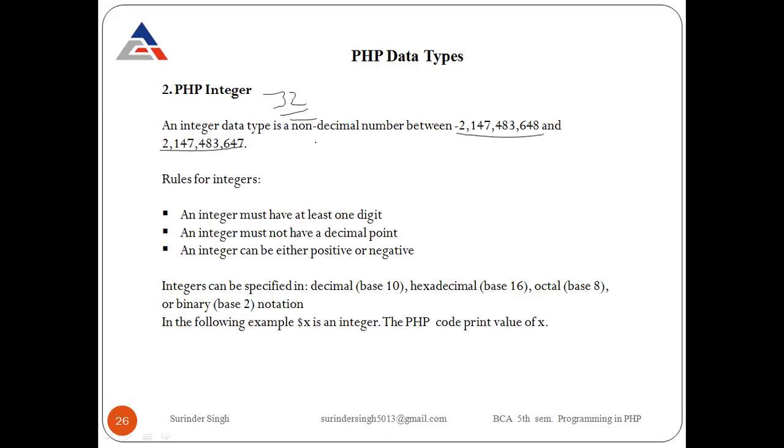If you multiply 2 thirty-two times, then you will get the value, first half and second half.